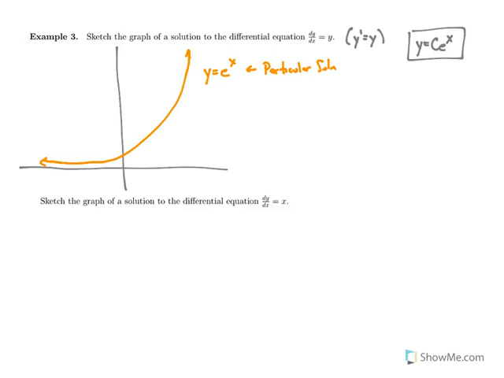We're saying that for any y value, so let's even pick y equals 1, at y equals 1 the derivative of the function should be equal to 1. And we think about the tangent line here, the slope of that tangent line is equal to 1.